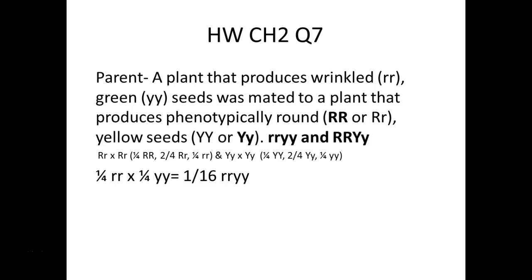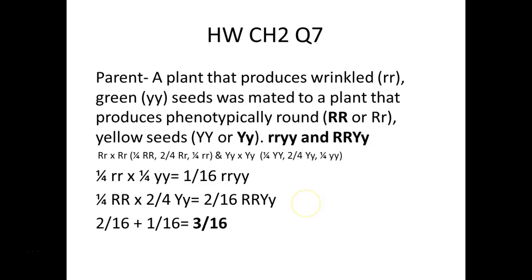Still with me? Now for the next one, capital R, 1/4, right? But heterozygous for yellow is 2/4 or a half. So those times each other is 2/16. The question asks how many are going to be this and this. So what do we do with these two numbers?